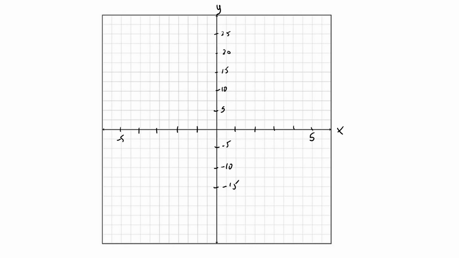Now our first point at minus 5 was 24, so that's going to be about right there, and I will do those in red. Minus 4, we had 14, so 14 is going to be about right there. Minus 3, we had 6.